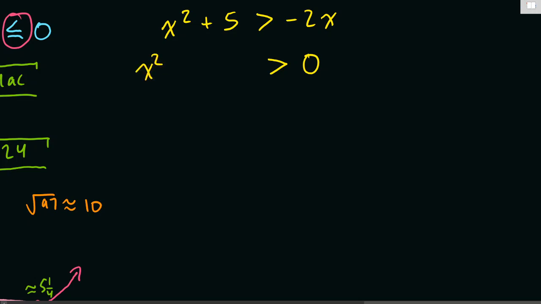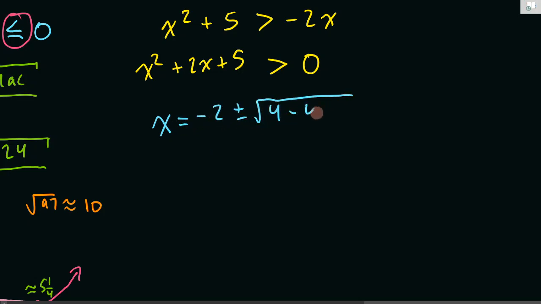So x squared plus 2x plus 5. What multiplies to 5 and adds to 2? Nothing. So we can't factor this, so we're going to go to our handy-dandy pop goes the weasel. Quadratic formula: x equals negative b plus or minus the square root of b squared minus 4ac.